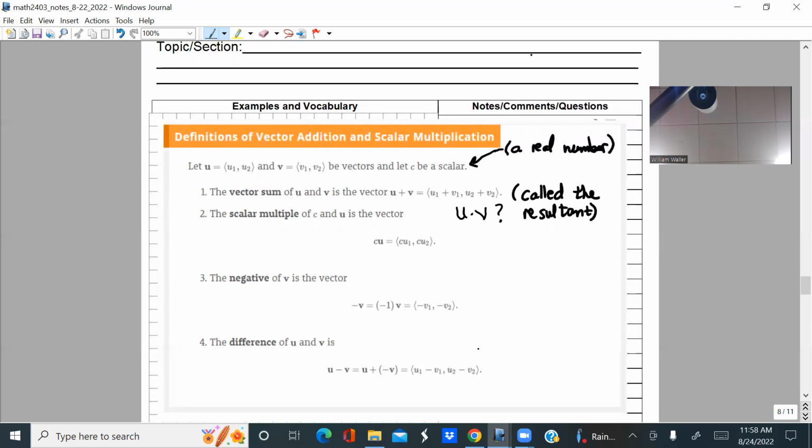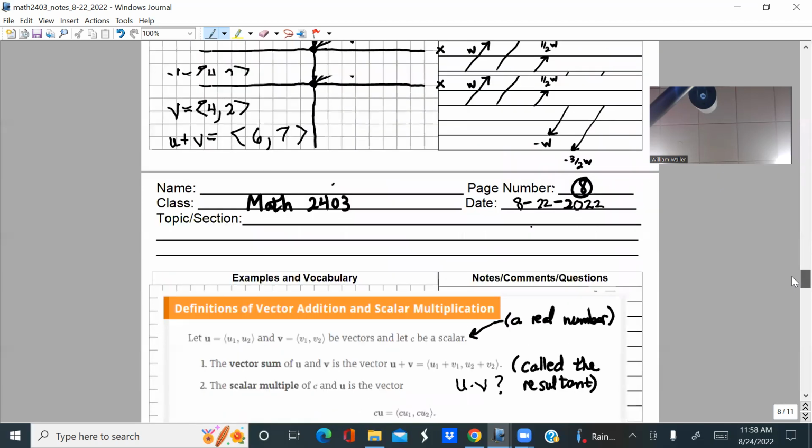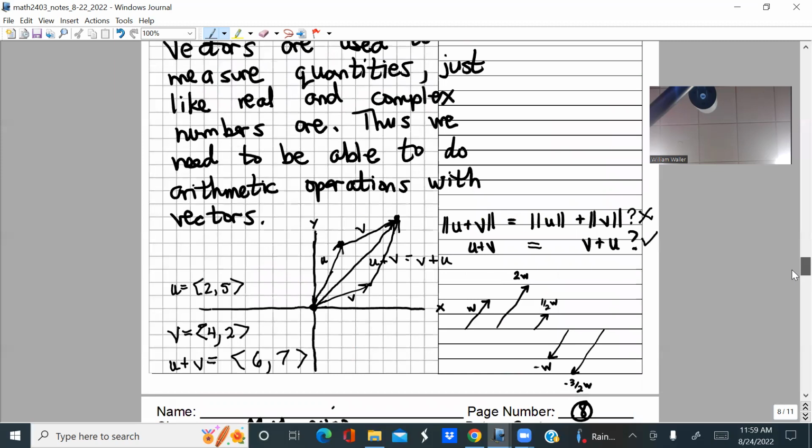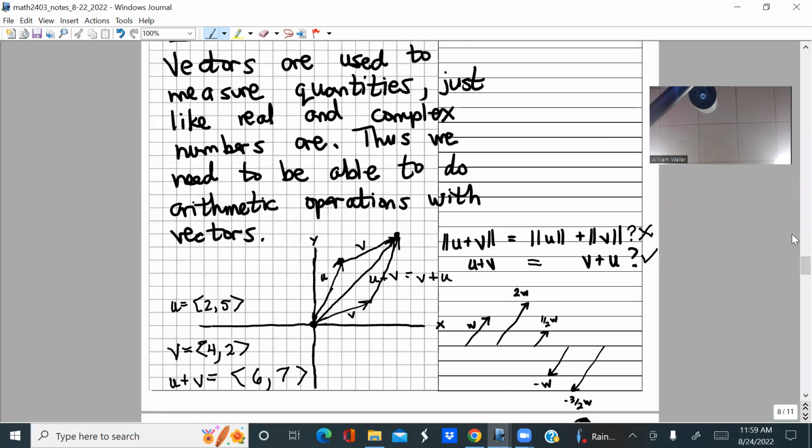Let's draw a picture of that, though, because the picture is kind of informative. I like to draw pictures of vector operations when I can. Actually, we're going to be doing pictures of vector operations a lot because it's really useful. So, what would u minus v look like? Here's the vector u that I started with, and here's the vector v. Over on this side, I have a diagram of adding u and v.